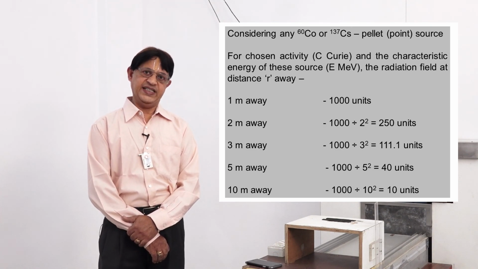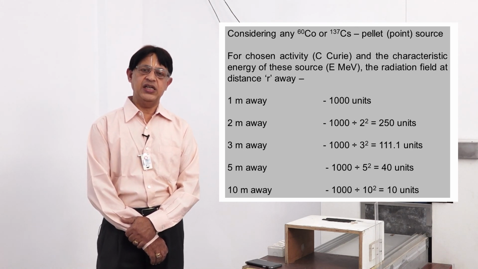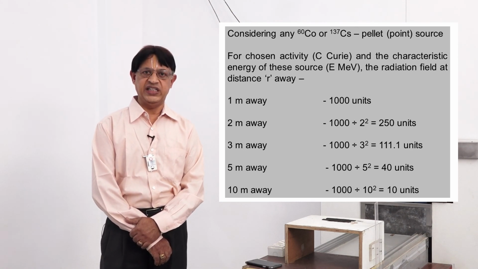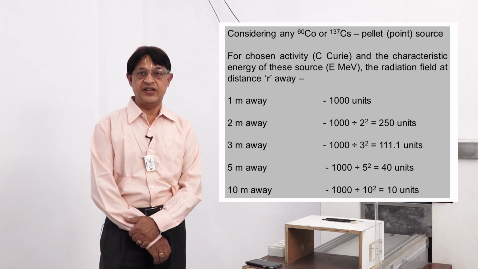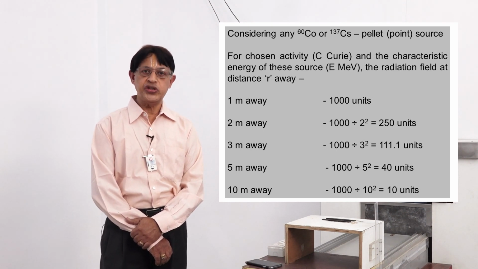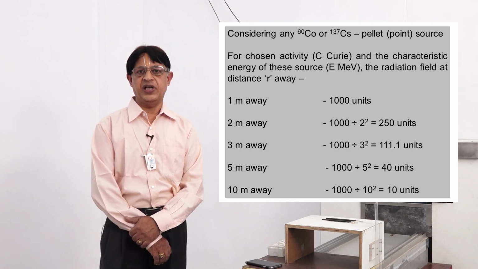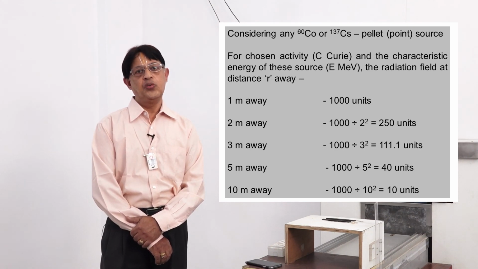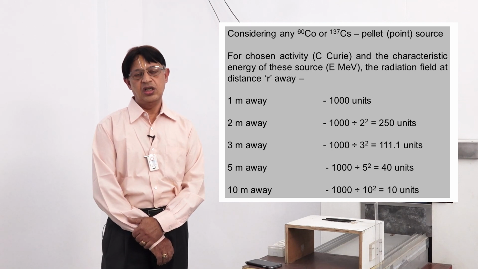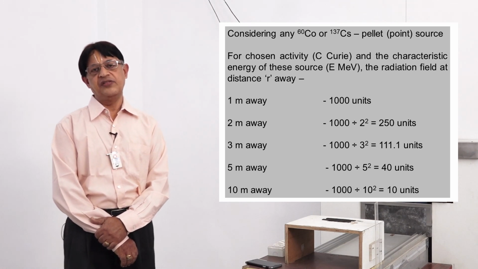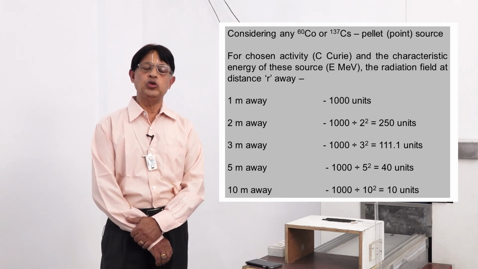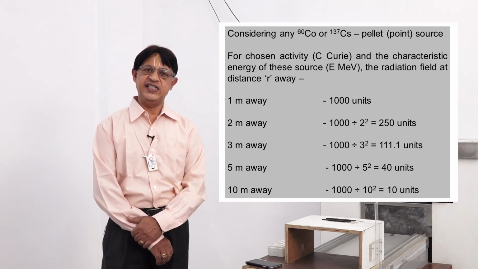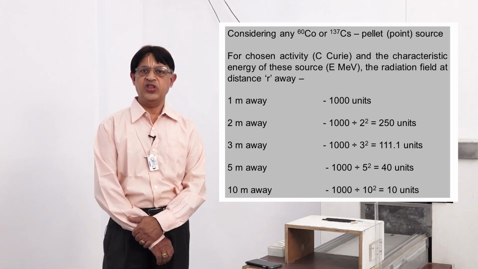For another simple understanding, if we are measuring at 5 meter, say, square of 5, all of us are aware, 25. So the 1000 mR per hour radiation field at 1 meter, at 5 meter will reduce by 25 times to bring it to 40 millirads per hour.